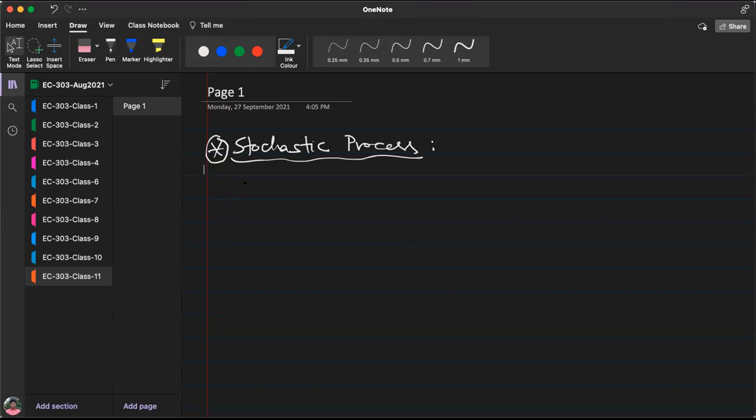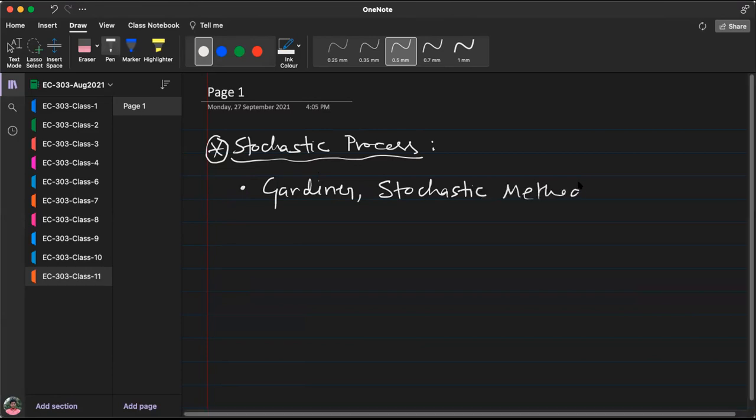how to apply them. Okay, and if you want to learn better, I would certainly recommend that you read this book by Gardiner. The title of the book is Stochastic Methods: A Handbook for the Natural and Social Sciences.